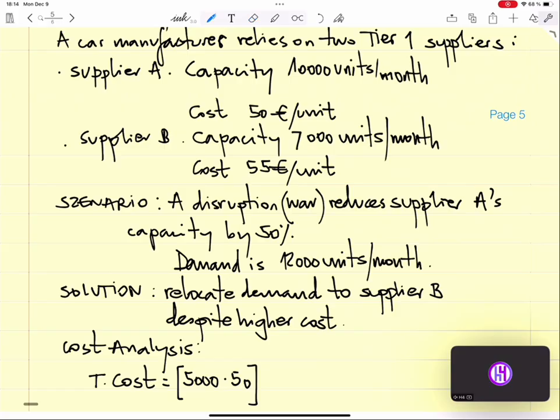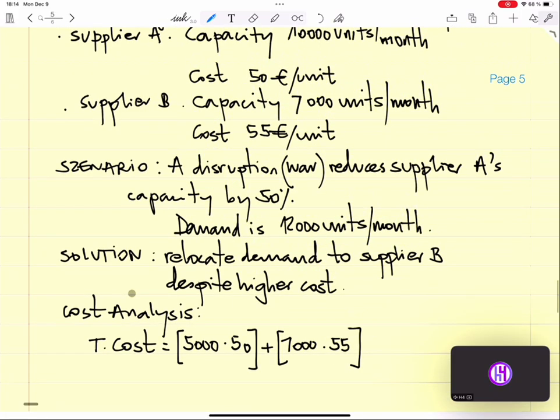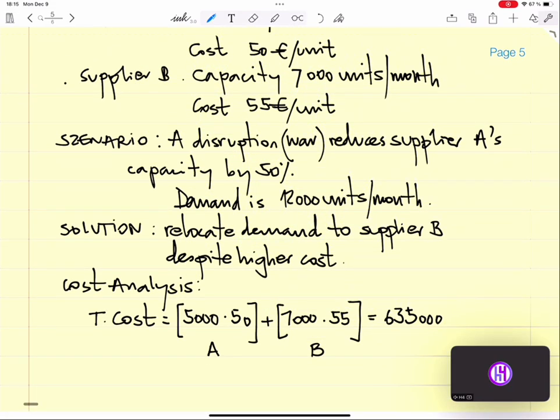Otherwise it doesn't work. Plus 7,000 times 55. Okay, so this is supplier A, this is supplier B. This equals 635 euro.